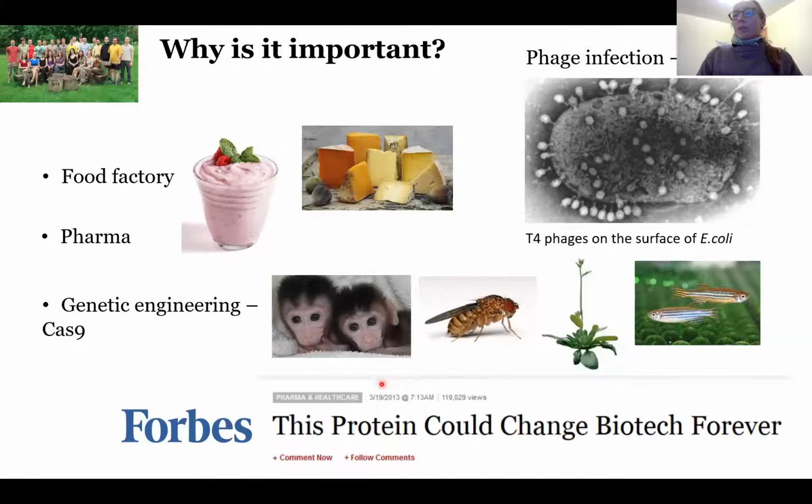And actually, even in 2013, which is quite a while ago, Forbes, which is a famous international economic magazine, said that the Cas9 protein could change biotech forever. And already we have a Nobel Prize and actually huge attention towards the Cas9 protein.